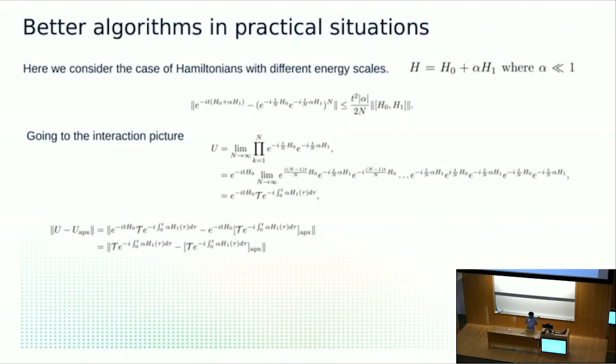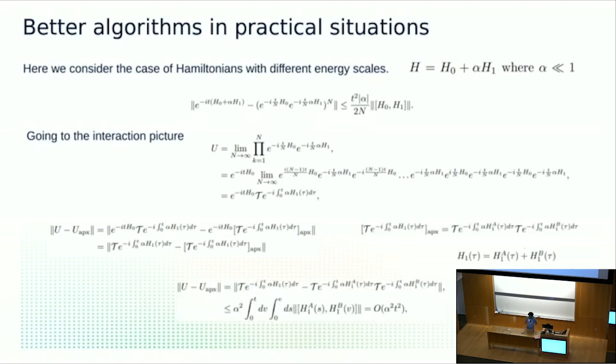So we just have to be able to approximate this time ordered operator. Let's assume, for example, that this time ordered operator, which is controlled by H1, can be split into two parts, like doing a trotterized version of the time independent case, where I call these two parts H1A and H1B. If that's possible, then we can get an error scaling that actually goes like alpha squared, which would be good if alpha is smaller than 1. So that's the intuition here.